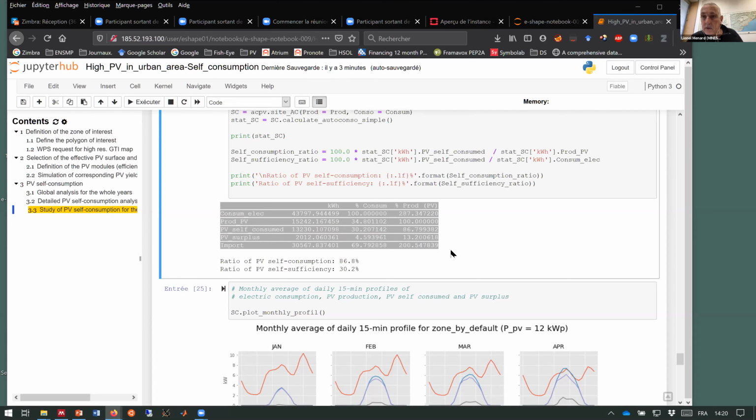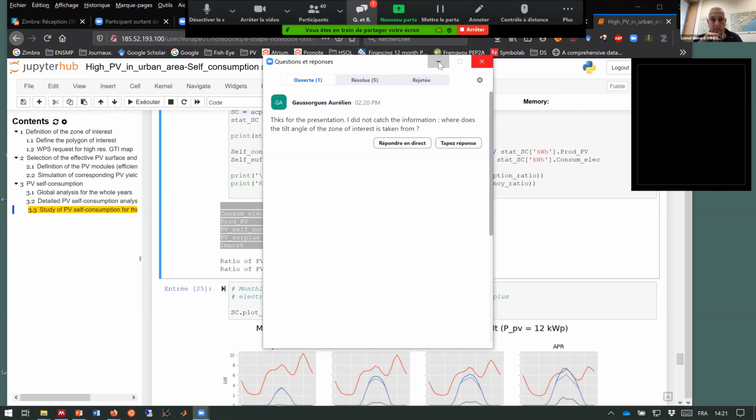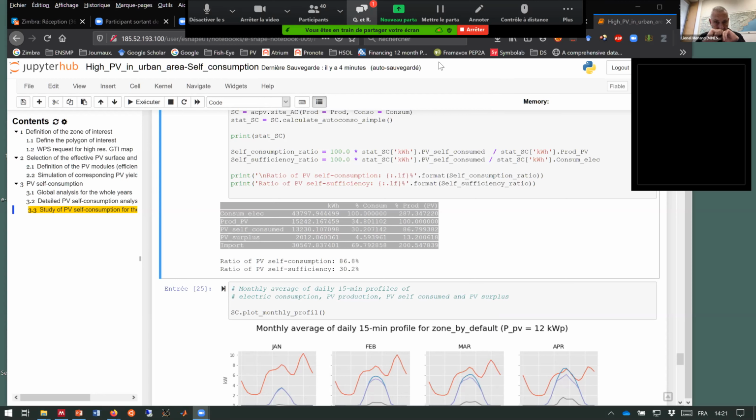There's another question from Aurélien Gossorg. Thanks for the presentation. I did not catch the information: where does the tilt angle of the zone of interest come from? It's a good question. It's taken from the digital surface model elevation itself, because it's very high precision.